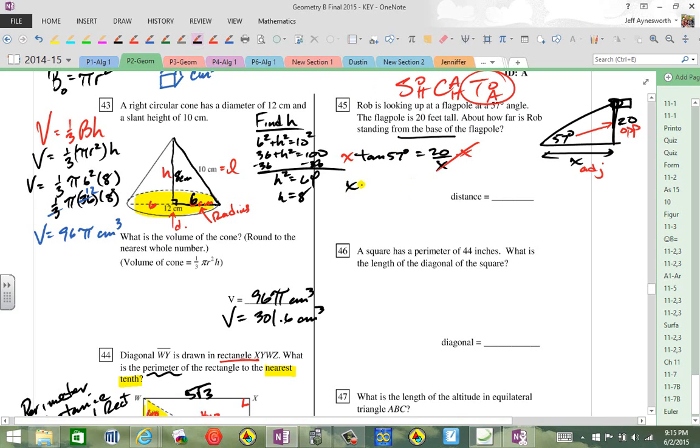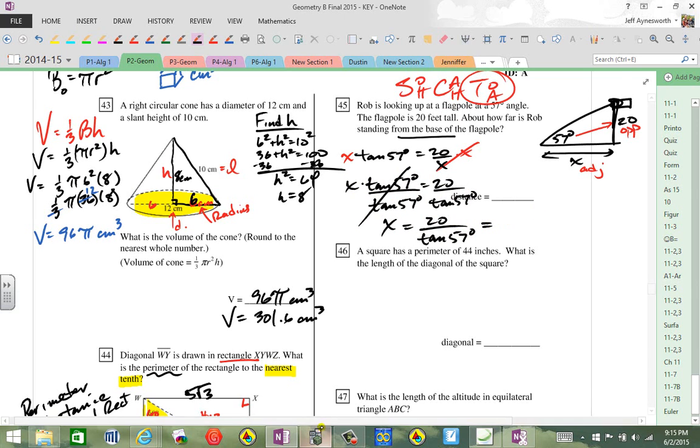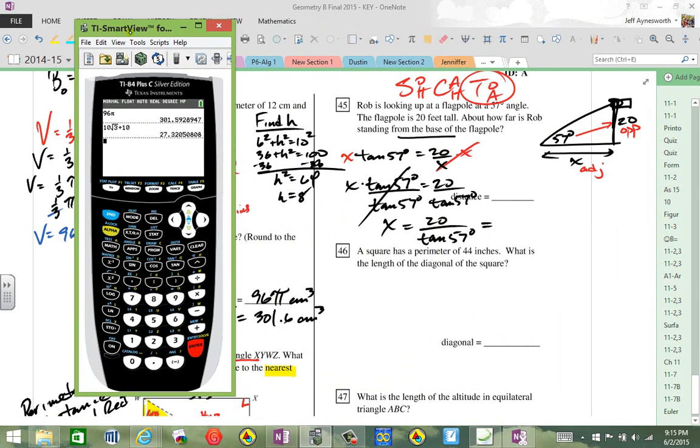And so you get x times the tangent of 57 degrees is equal to 20, then divide by the tangent of 57 degrees on both sides. And then you get x is equal to 20 divided by the tangent of 57 degrees, which is your exact answer. But as a decimal, you've got to figure this out, right?